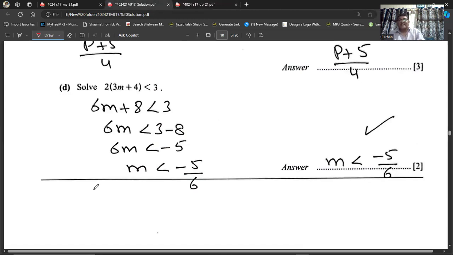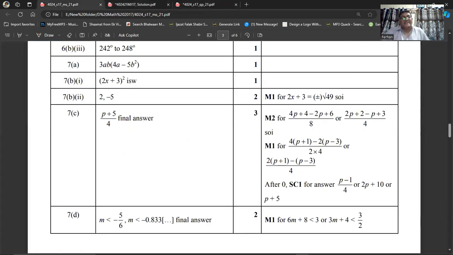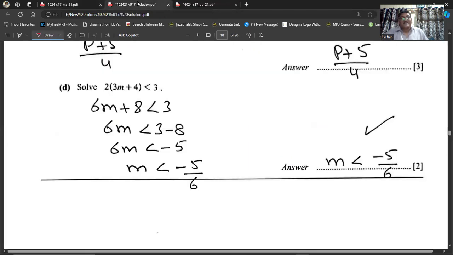Take this plus 8 to the other side. You will have 6m less than 3 minus 8. 6m less than minus 5. M less than minus 5 by 6. So m is less than minus 5 by 6 is the right answer, sir.